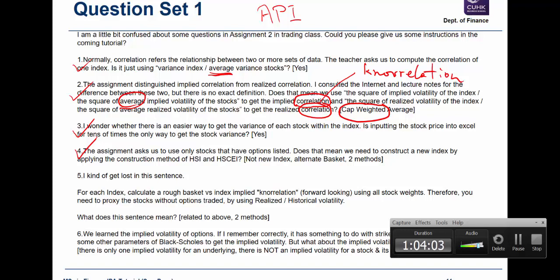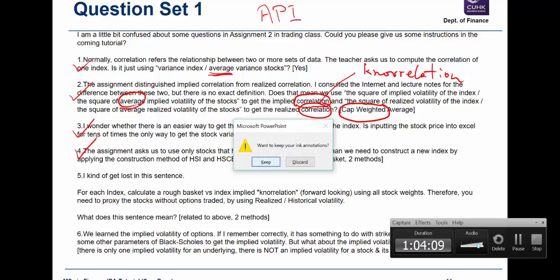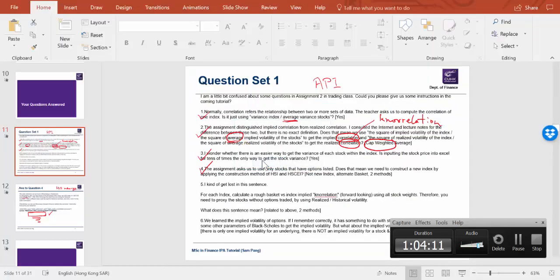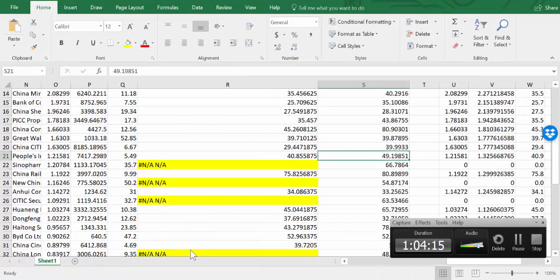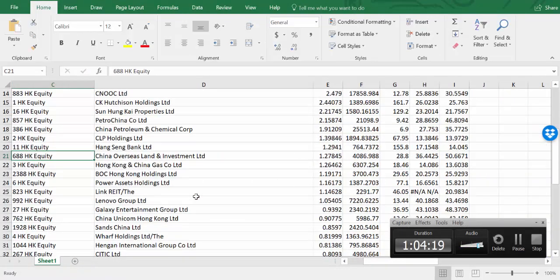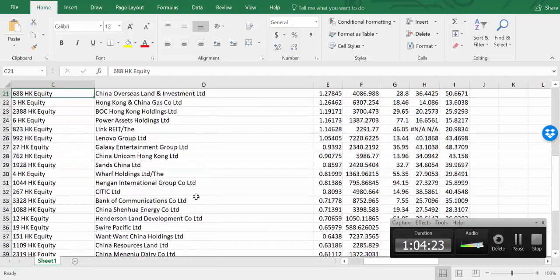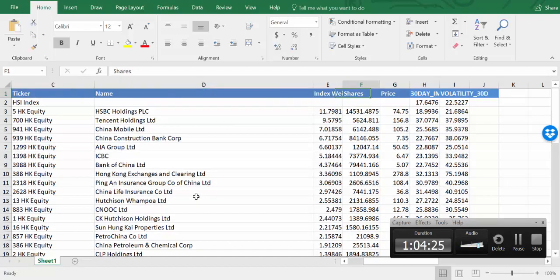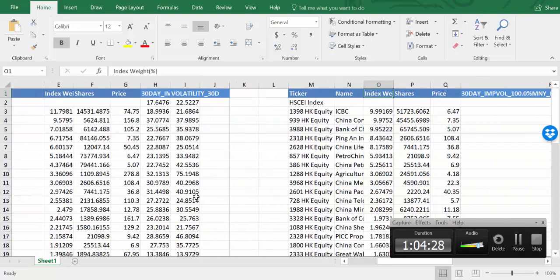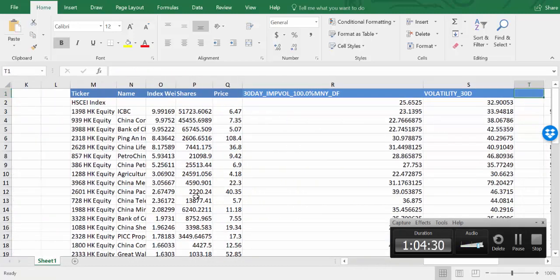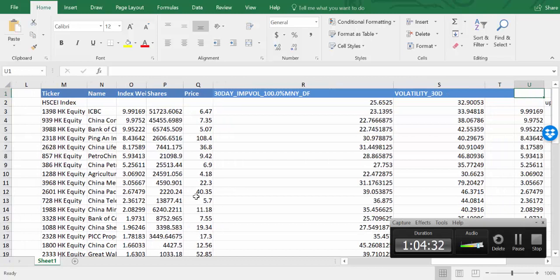There are two ways to do it, and this is related to method number 2. So let me go back to this spreadsheet. So now you have an index. Actually, in the Hang Seng, a lot of them do have active options, but HSCEI is a little bit different.